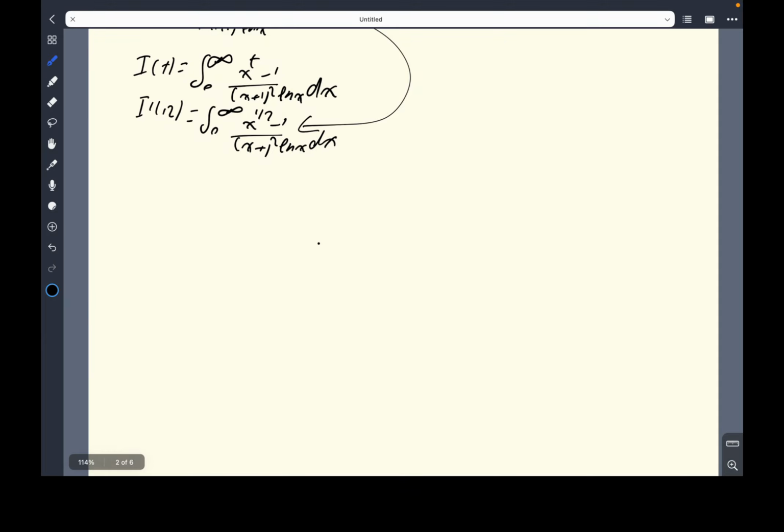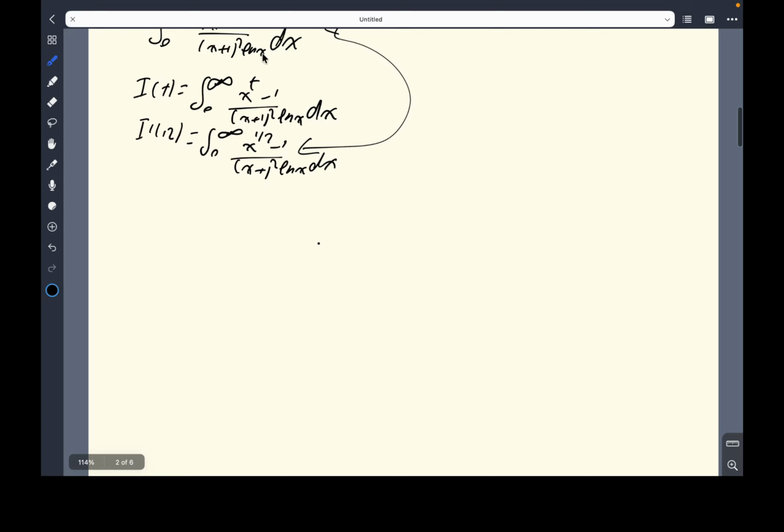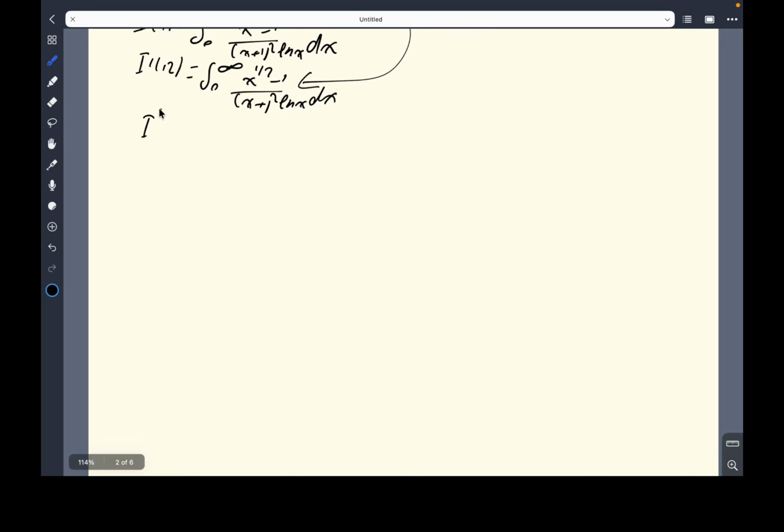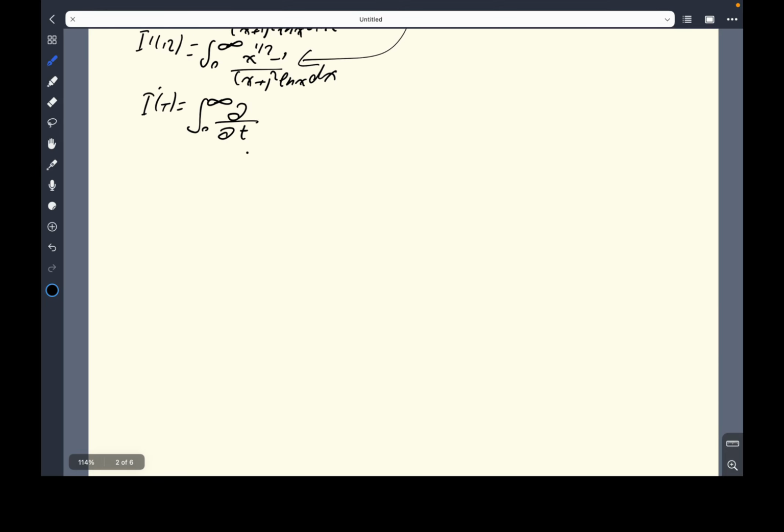Feynman's technique says that we should take the derivative of both sides of this equation, to differentiate inside the integral. When my derivative moves inside the integral, it becomes a partial derivative, partial t. I'm taking the derivative of both sides with respect to t.